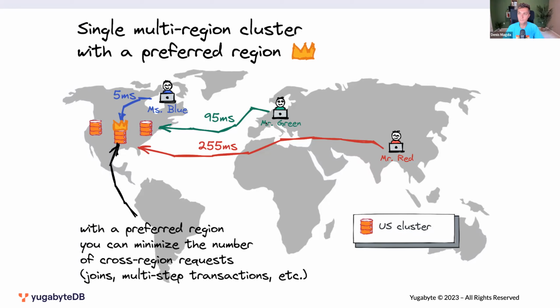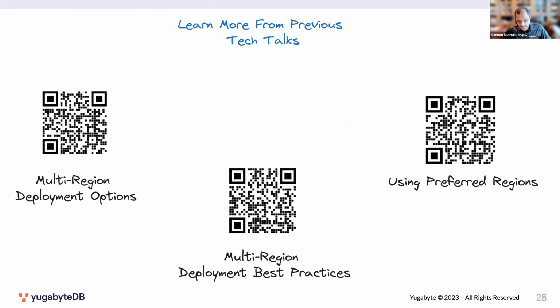And I think the reference to the other talk, the QR codes that you shared for the previous talk, I would also call that out once more, because in this talk we covered a lot about the end-to-end deployment architecture and what you need to pay attention to, not just at the database layer, but in terms of thinking about the load balancer, containerizing your apps and deploying in multi-region.